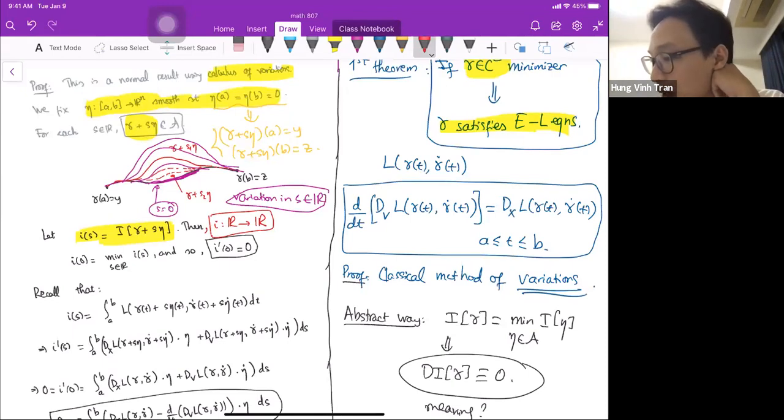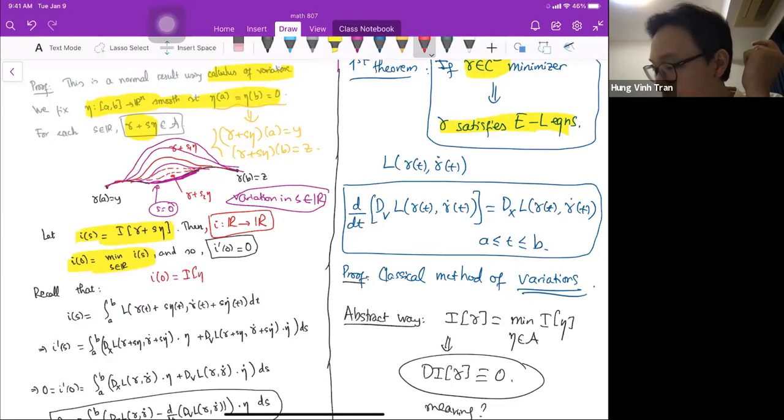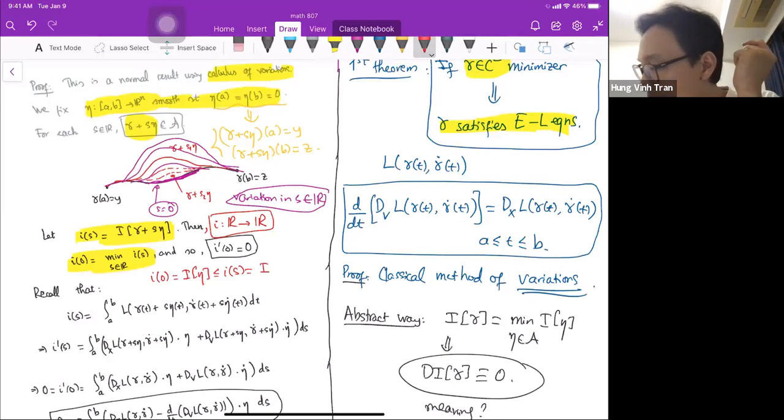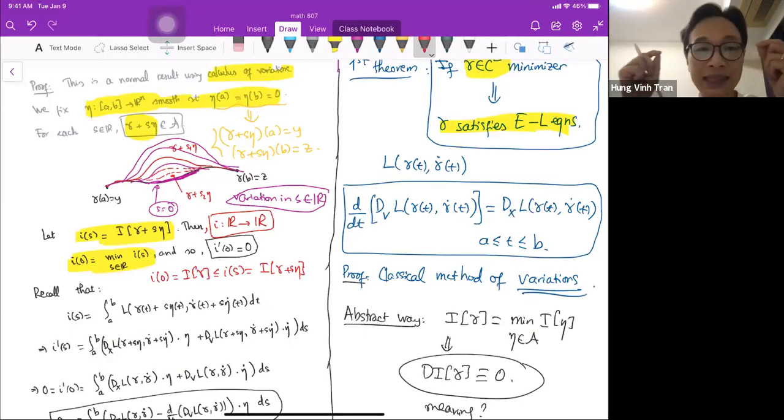Okay, so if you do that kind of variation, you can see that I(0) is the minimum of I(s), right? Because at 0, I(0) is I of gamma, and it's less than or equal to I(s), which is I of gamma plus s eta, because gamma is a minimizer.